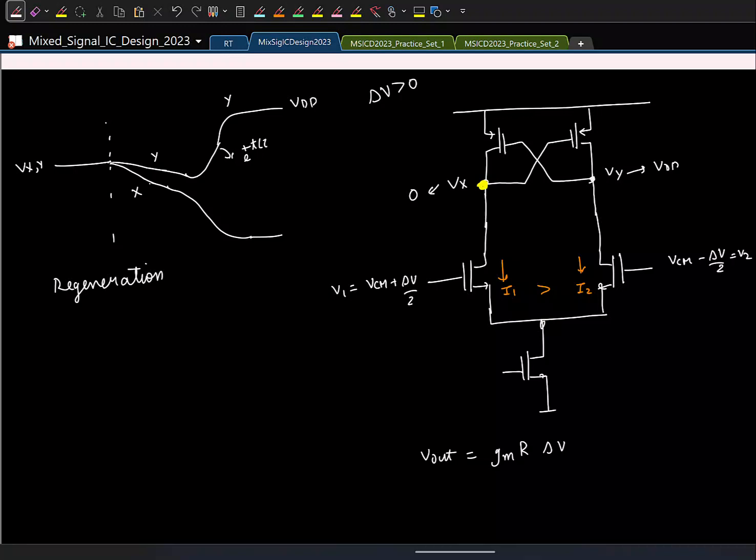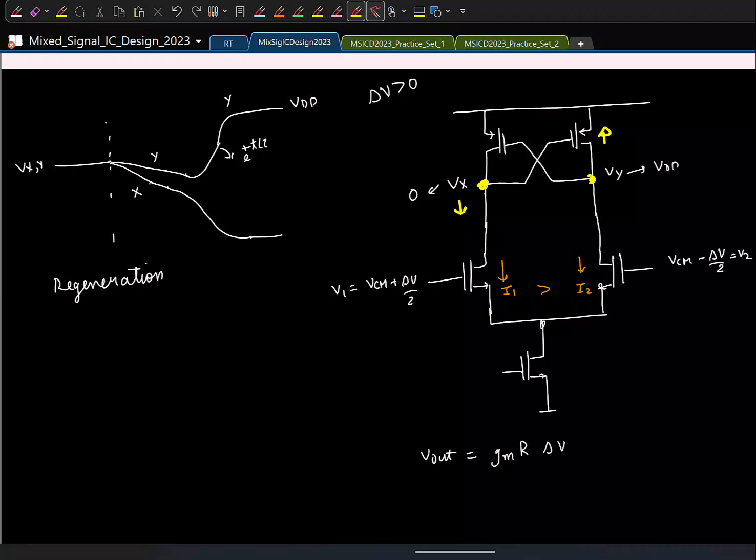Another thing to notice: let us say Vx is dropping. We just saw that the gate voltage is reducing, so current here increases. So what can you say about Vy? If current here increases, what can you say about Vy?